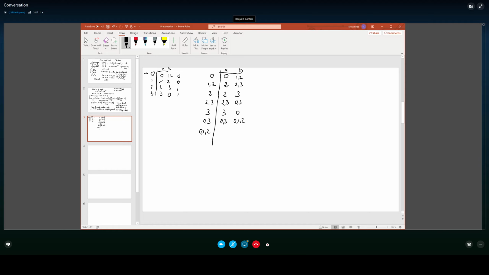So 0, 1, 2, well, 0 goes to 0, 1 goes to nothing, 2 goes to 2, so that gives me 0, 2. And 0, 2 I have not considered yet, so I have to write it down. And 0, 1, 2 under B, 0 under B is 1, 2, 1 under B is 3, and 2 under B is 3.